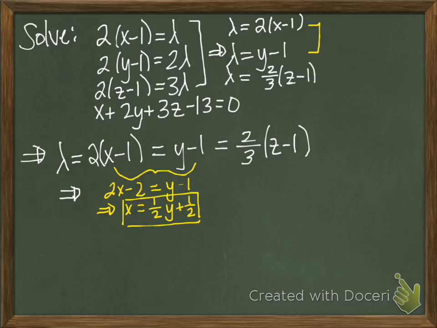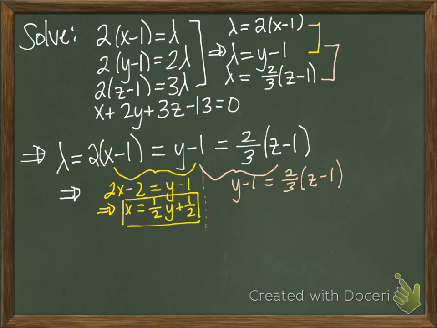And now we're going to look back up here. Now we're going to look at these 2 equations, or in other words, we write that here as this one equation, and that's going to be, put a little line here. So now I'm trying to solve y minus 1 is equal to 2/3 z minus 1.